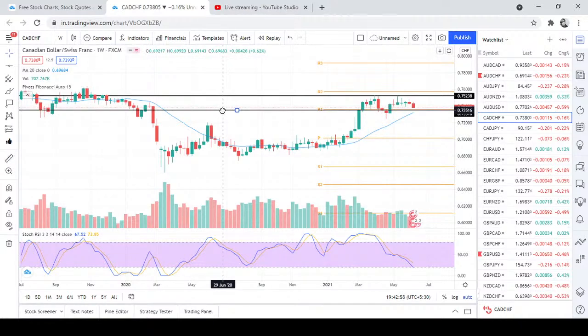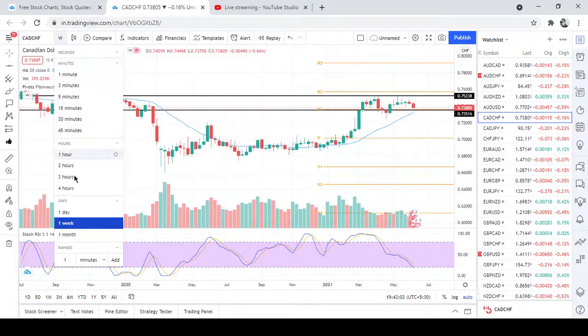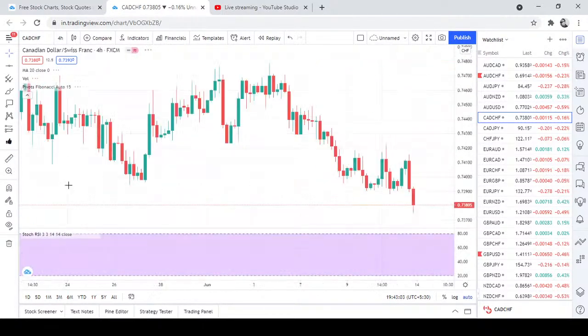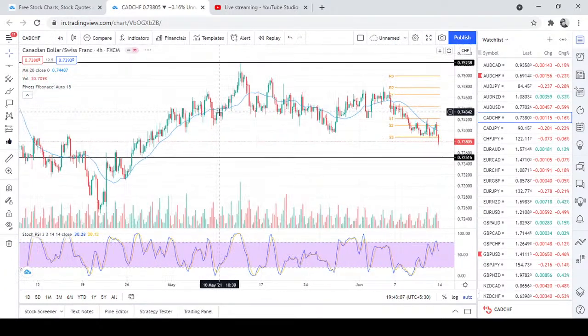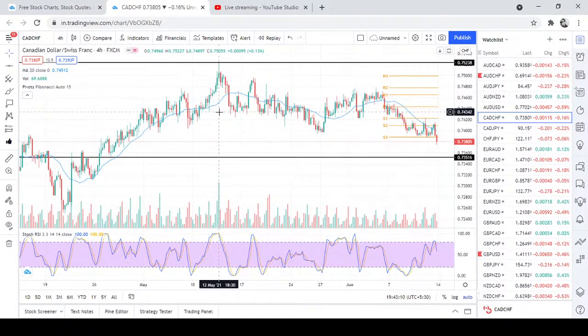Unable to adjust the line. So these are the levels from the weekly chart. This is the resistance and this is the support.